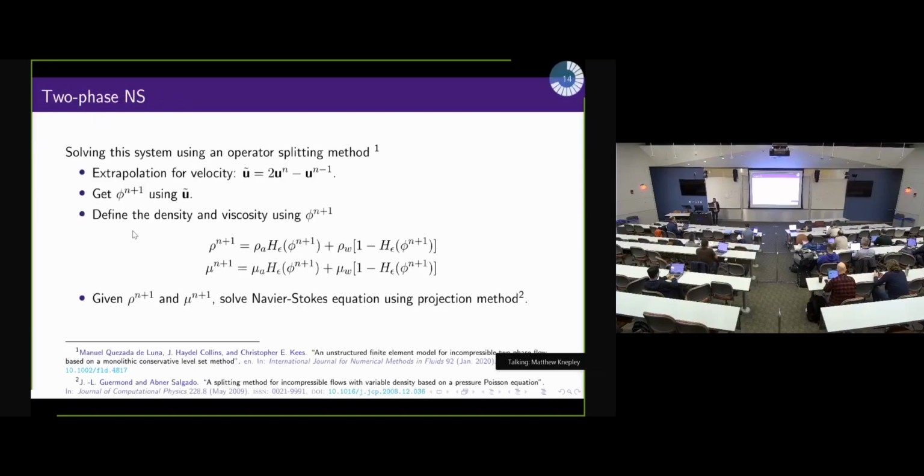I don't have a description of the projection method, but basically what you do is you extrapolate the pressure the same way as the velocity. You use the pressure and your material parameters to solve the momentum equation for u at time level n+1, and then you solve the Poisson equation to correct the pressure, right?